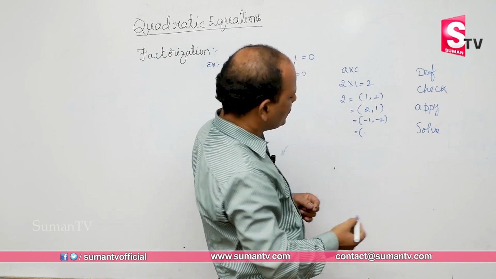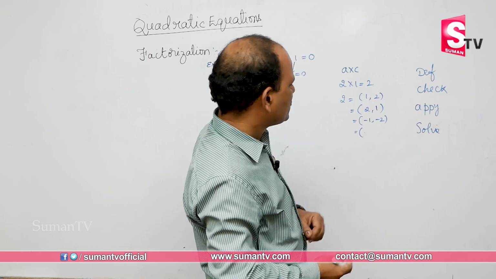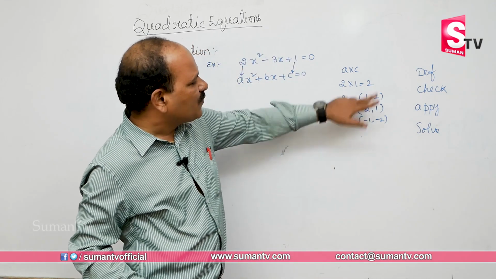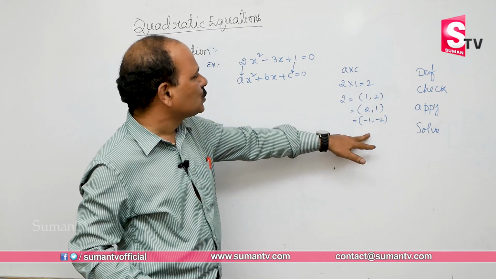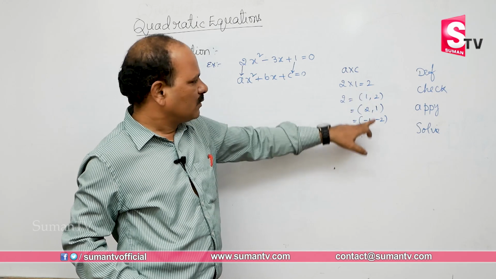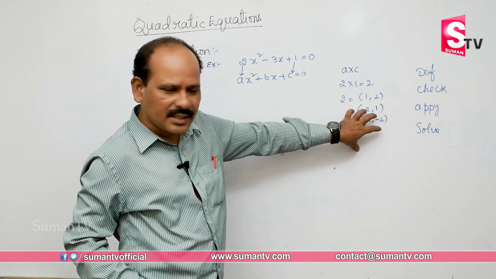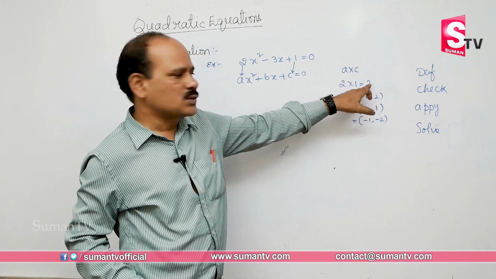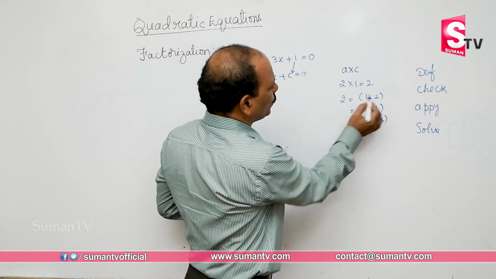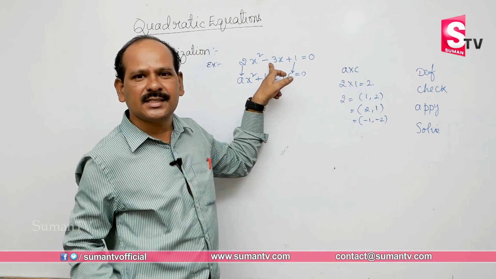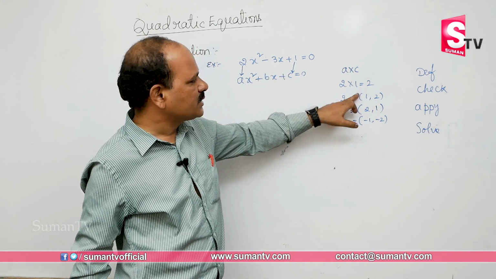Which factors should I select to meet the requirement? 1 into 2 plus 2, but here minus 3 is there, so it is not suitable.